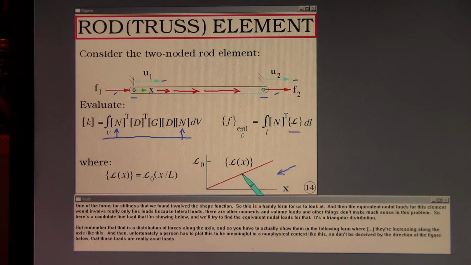And then unfortunately a person has to plot this to be meaningful in a non-physical context like this. So don't be deceived by the direction of the figure below, that those loads are really axial loads.